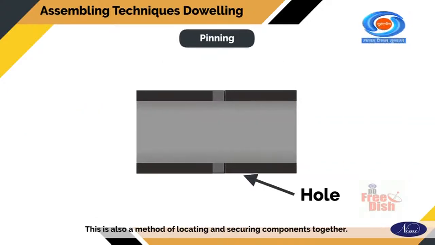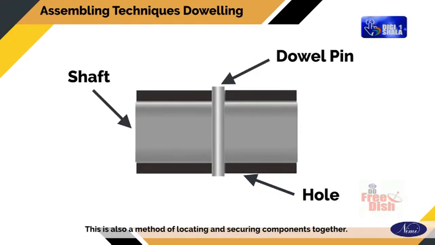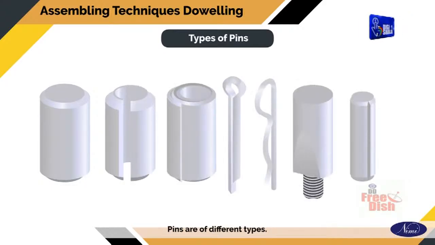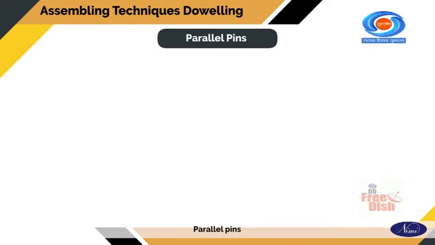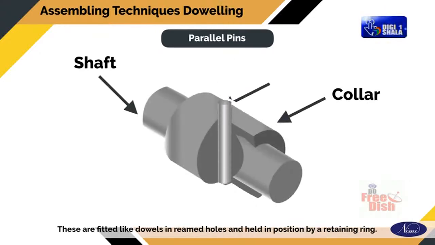Pinning. This is also a method of locating and securing components together. Pins are of different types. Parallel pins. These are fitted like dowels in reamed holes and held in position by a retaining ring.